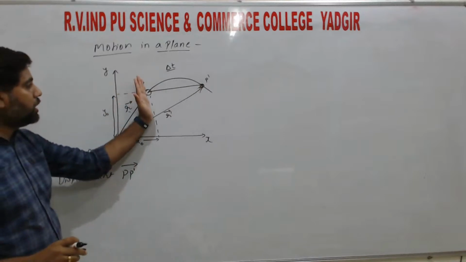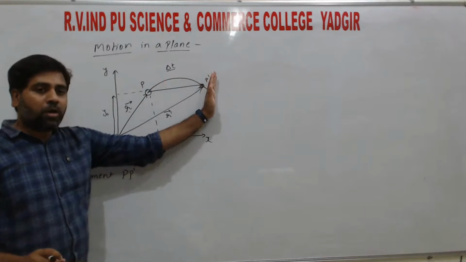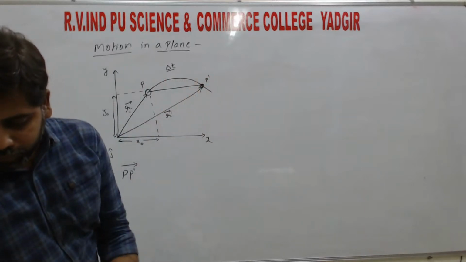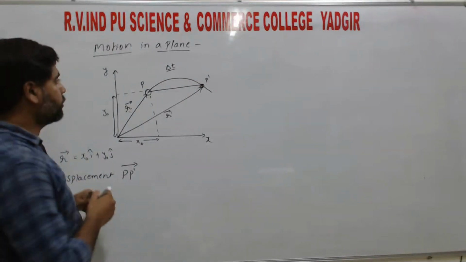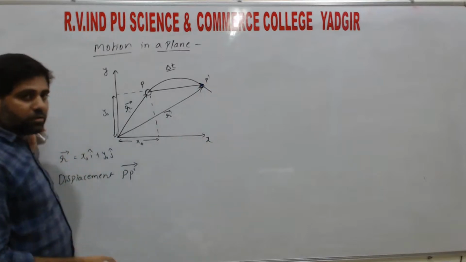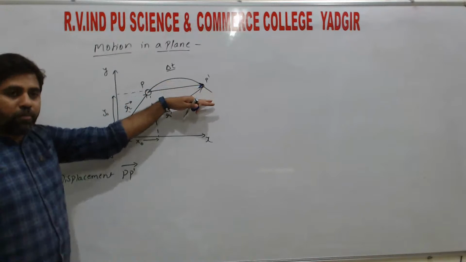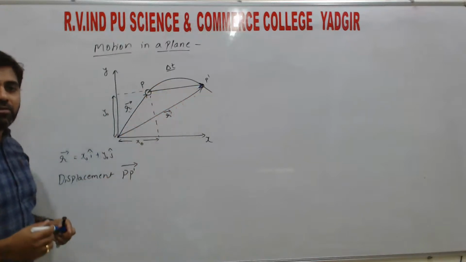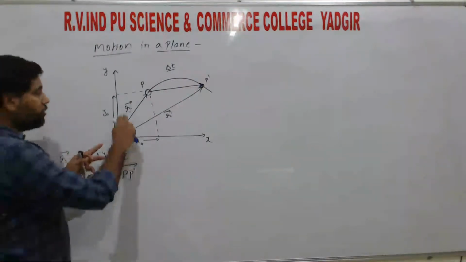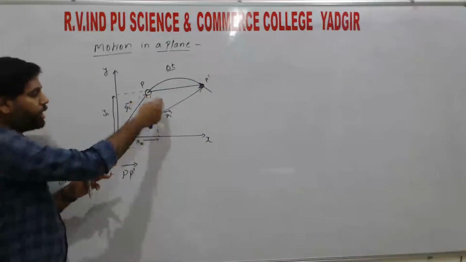The particle is here. If it moves in the positive x-axis direction, the displacement is also along the positive x-axis. That's why I have taken it in this direction. The arrow mark represents the direction. Since we are simplifying using vectors, magnitude is important, and direction is also important. If we observe here, we have vector r, the position vector of particle p.